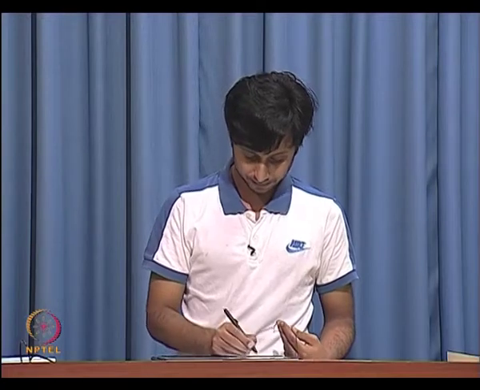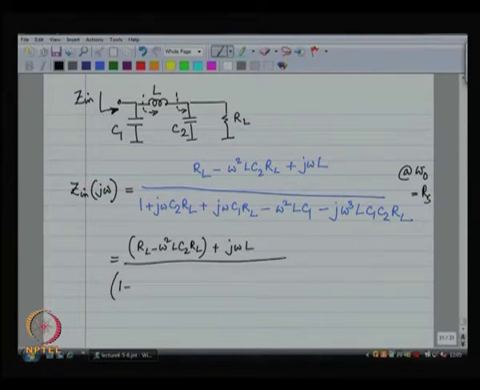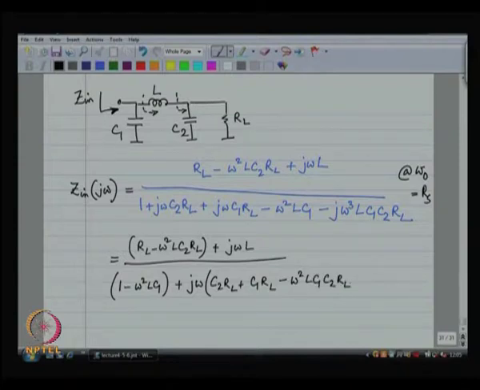So, I can club real and imaginary parts in the following fashion.